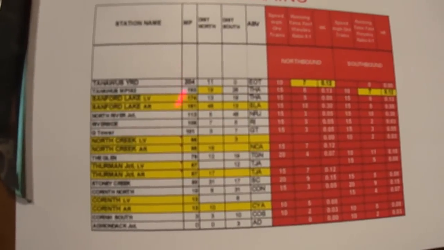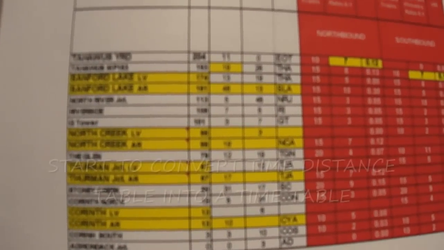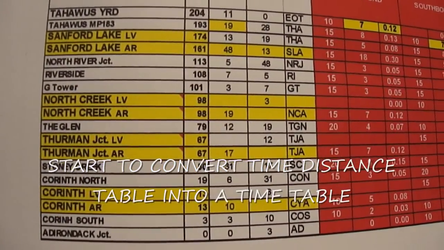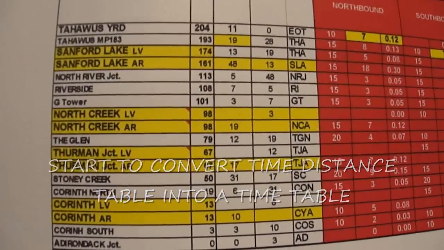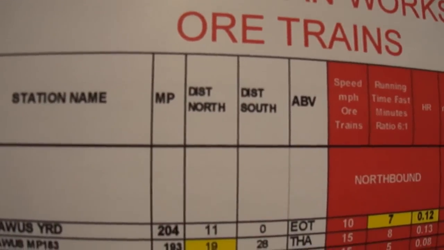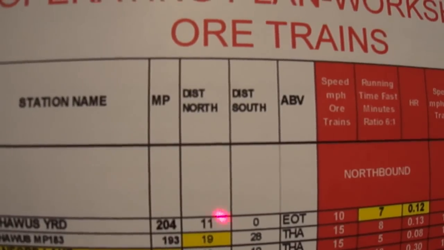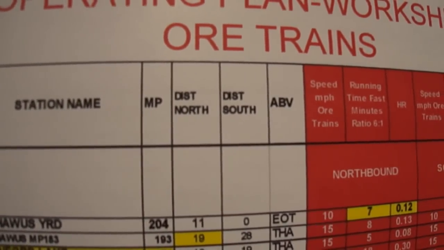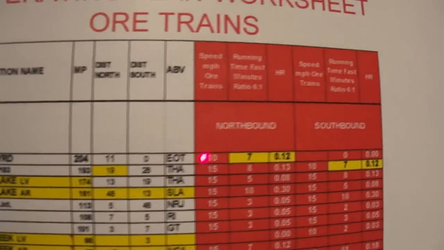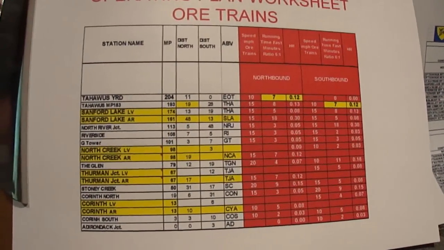All you have to do is copy it into the cells, and then you write your distance going northbound, your distance going southbound, because southbound you start at 0 here, and northbound you start at 0 down there, and then you pick your speeds. The speeds here are taken manually from my table here.